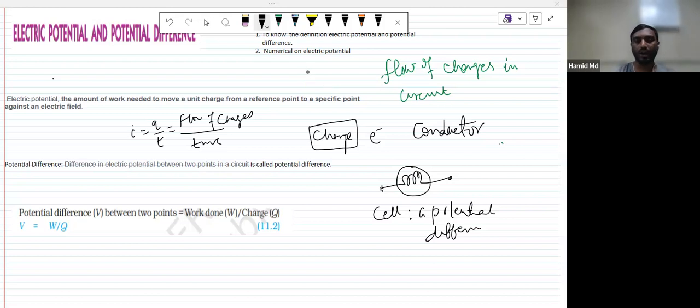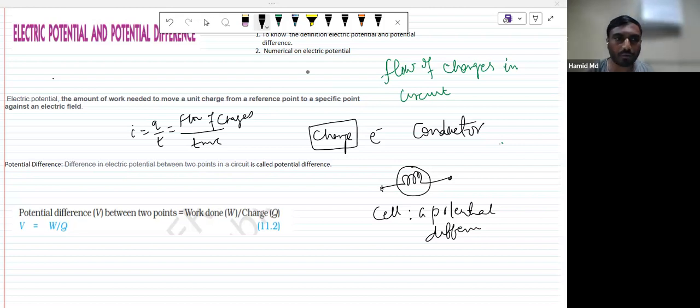So charge is a quantity which only moves when there is some electric field. Whenever there is a charge, it creates an electric field.